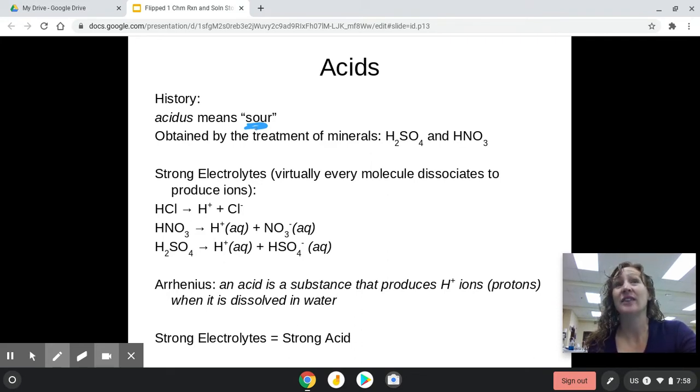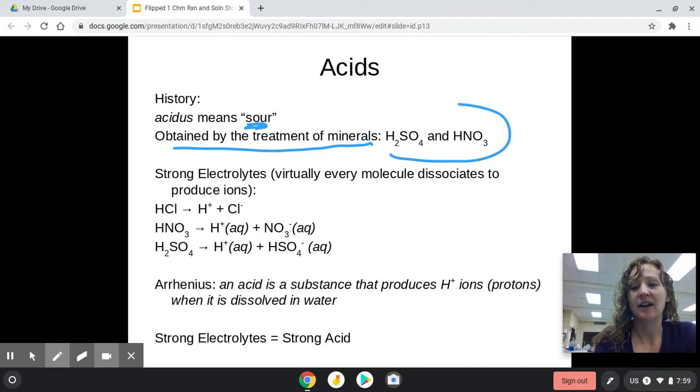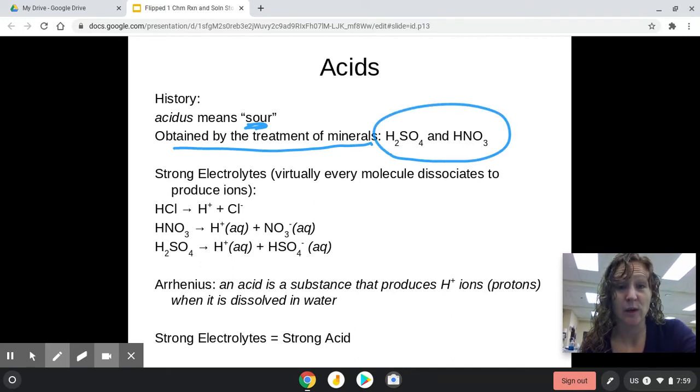So if you think of anything sour, lemons, limes, vinegar, Cabbage Patch Kids, all of those have some form of acid in it. And historically, the first acids were obtained by the treatment of minerals. And the first ones identified were sulfuric acid and nitric acid. This is true today too.